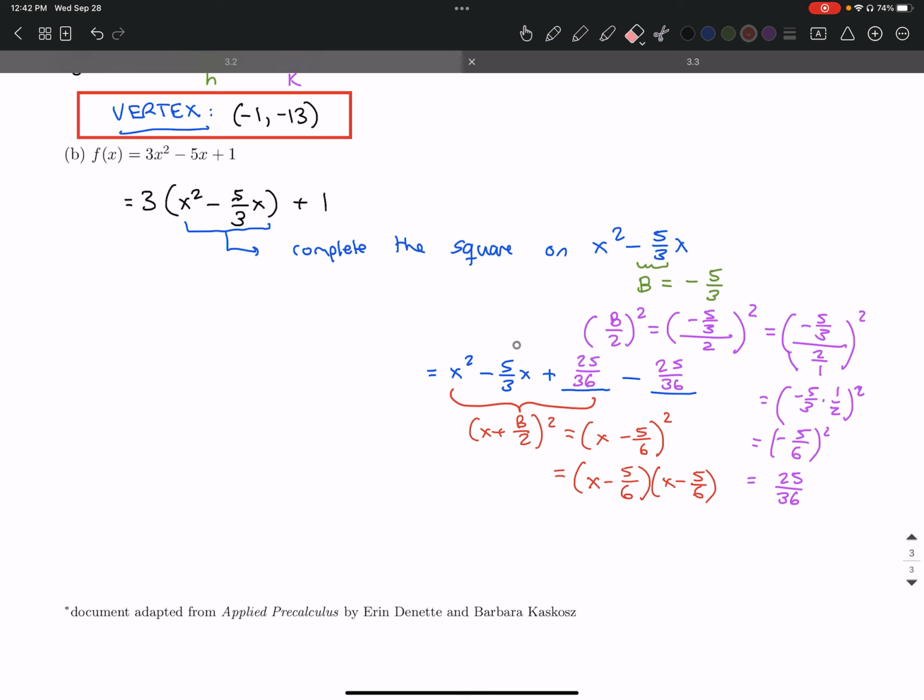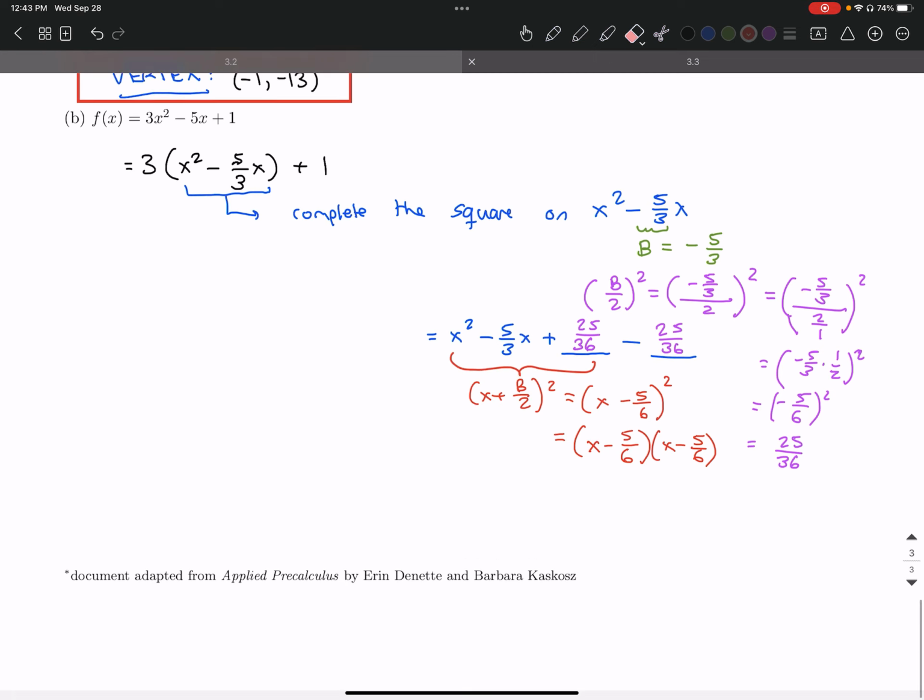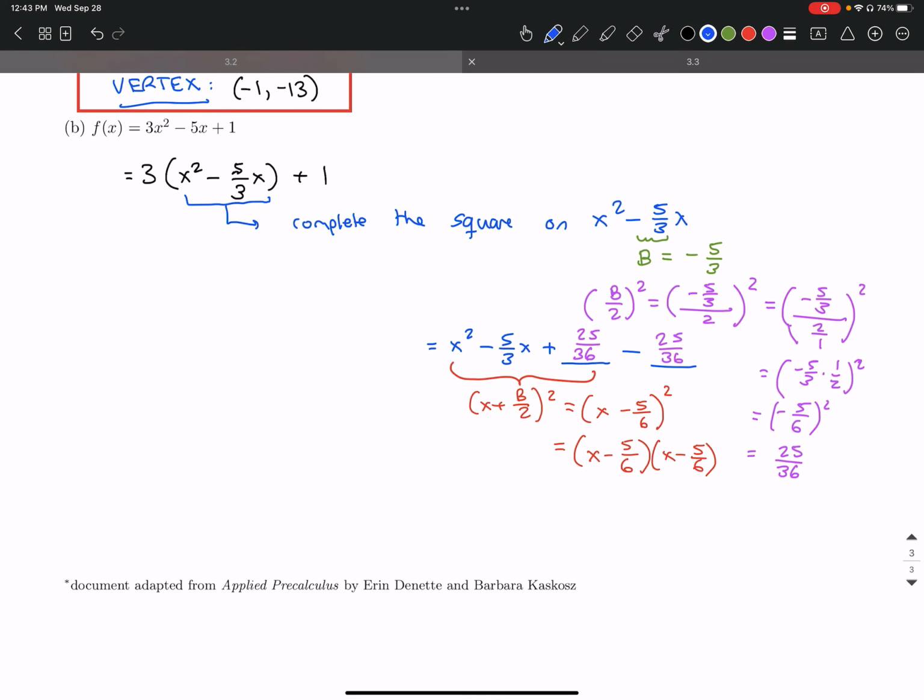And in lowest terms, dividing the top and bottom by 2, that does give me negative 5/3. So this factors into x minus 5/6 quantity squared, and then what wasn't part of that factorization is minus 25 over 36 on the end.